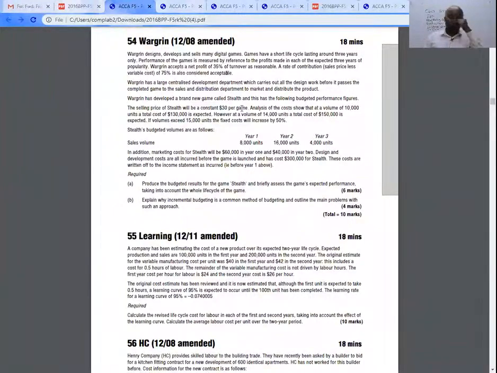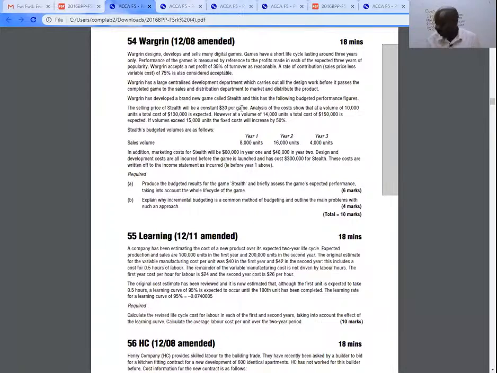I'm repeating again: whenever the examiner tells you at this particular quantity, total cost is this much, and at another quantity, total cost is that, it's giving you two points which will enable you to come up with a straight line cost function that has fixed versus variable components. Very easy.